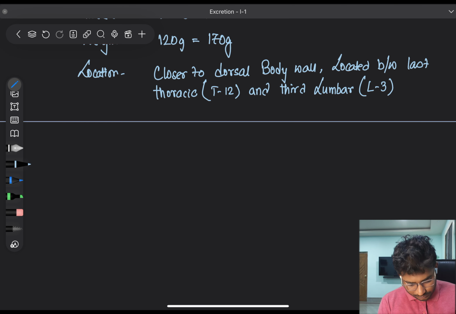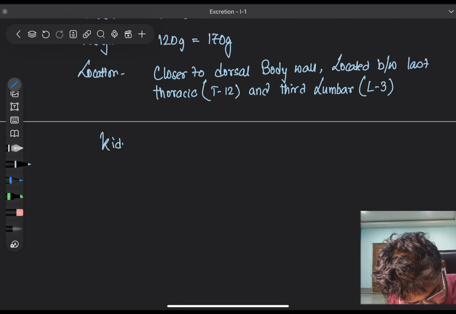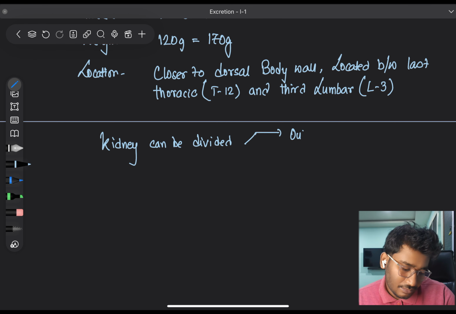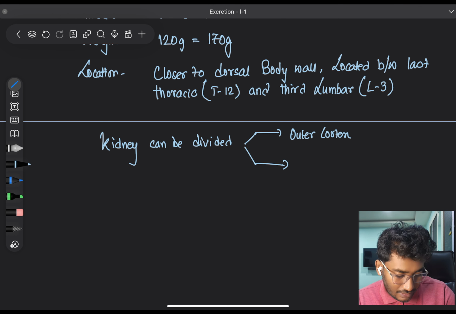Okay. Kidney can be divided into outer cortex and inner medulla.